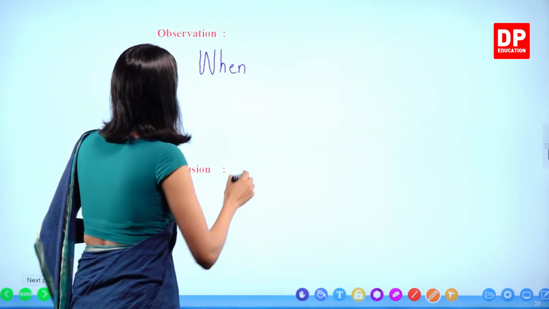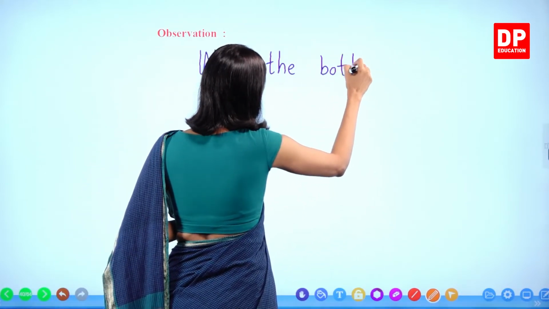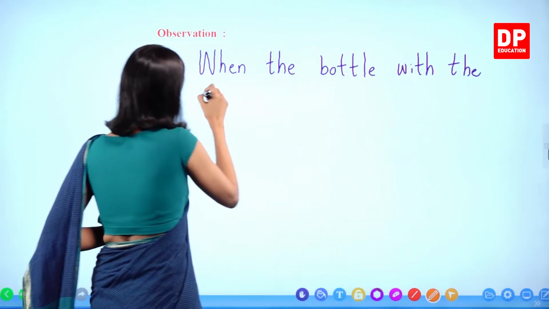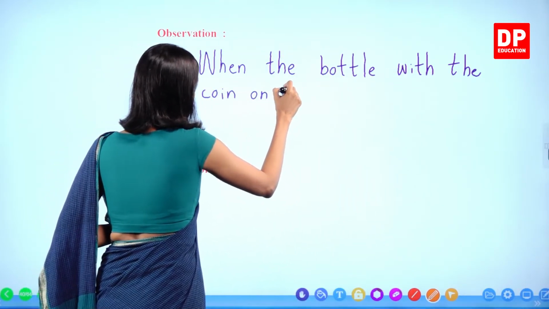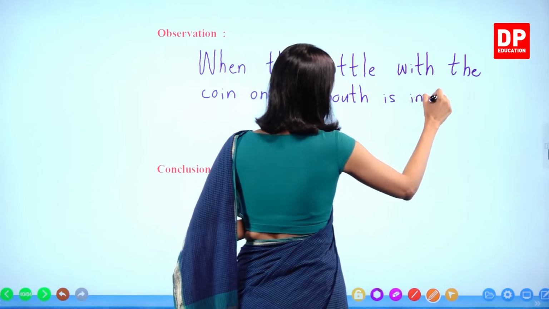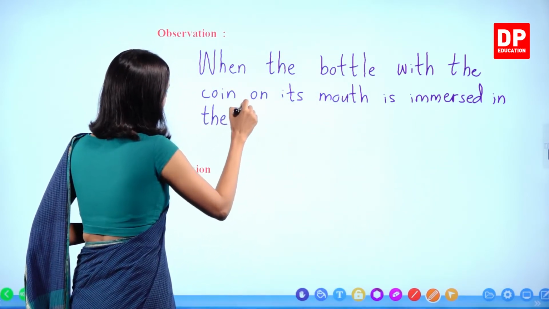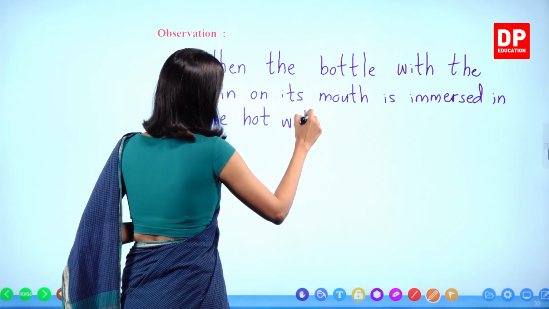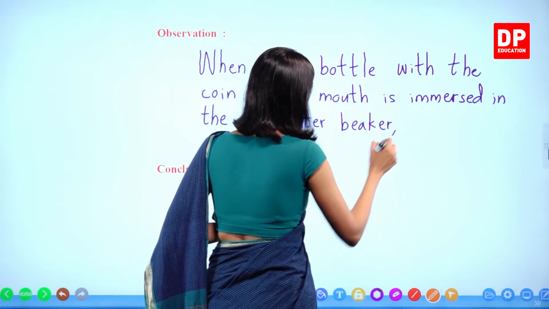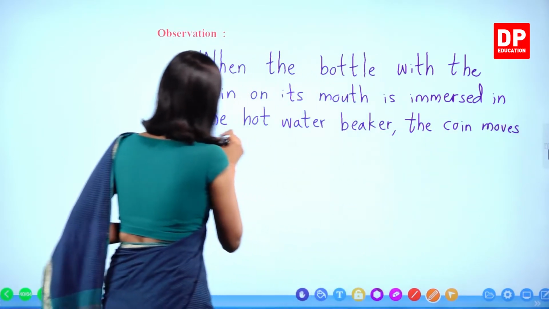When the bottle with the coin on its mouth is immersed in the hot water beaker, the coin moves up and down.